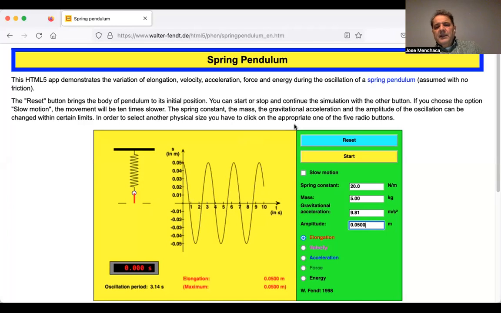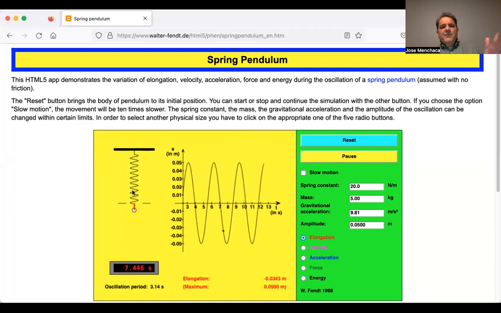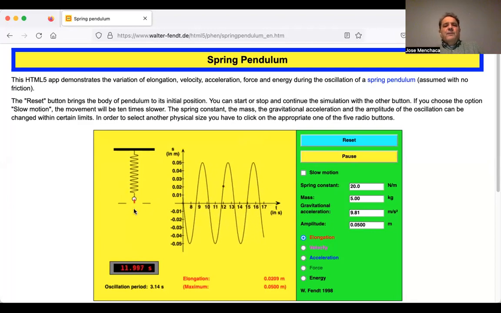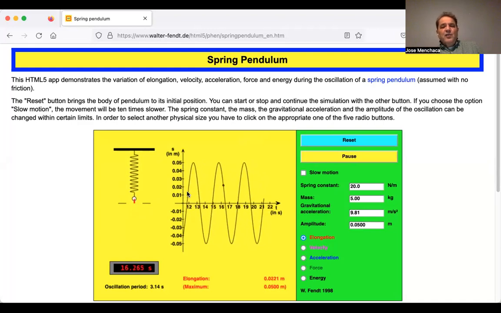I think it's a little more logical to see it this way than with a swinging pendulum. Let's start this, and you can very easily see how the up and down motion of the spring pendulum mimics and gives us a sine wave.